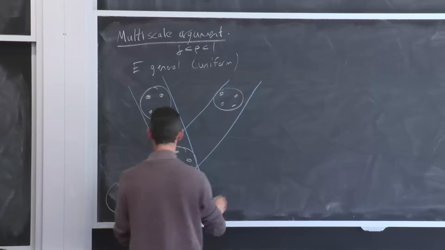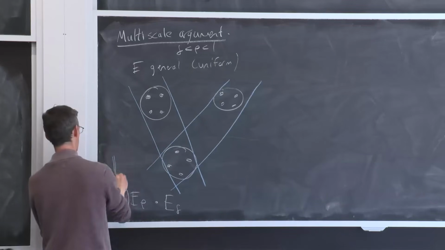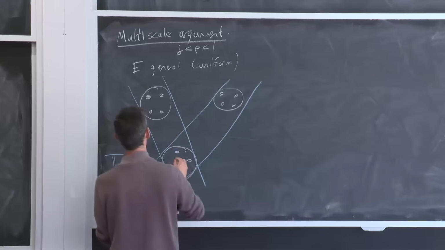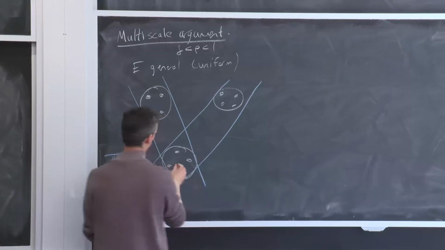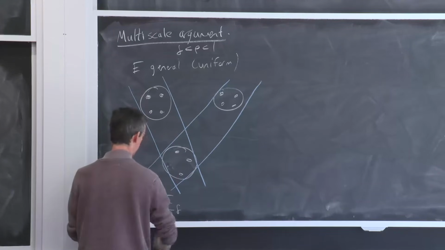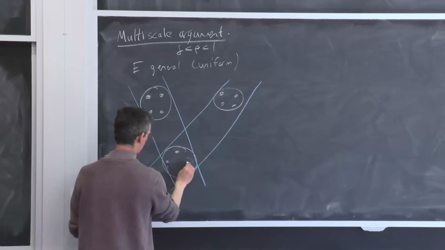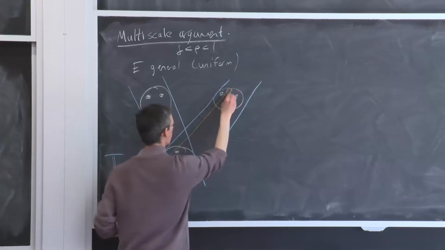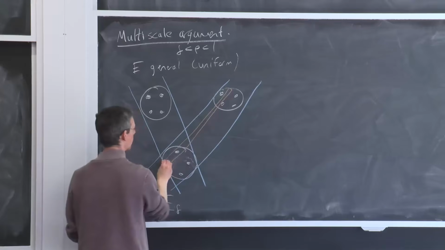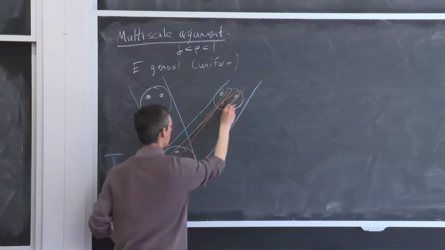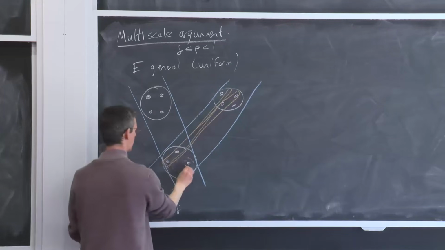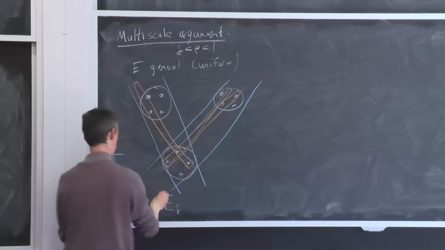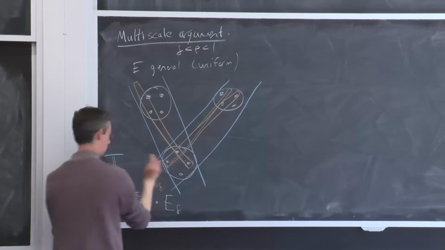Those are the tubes at scale rho. Inside of the fat tubes, we have some thin tubes. Those are the delta tubes.